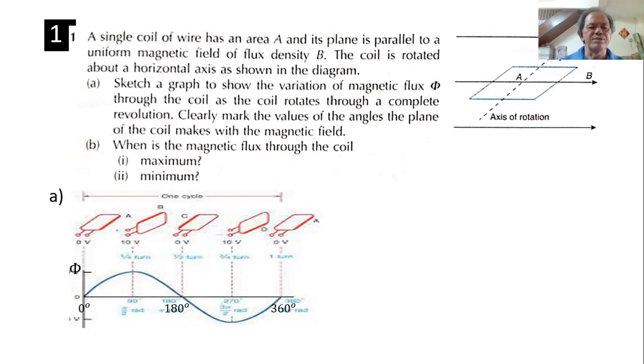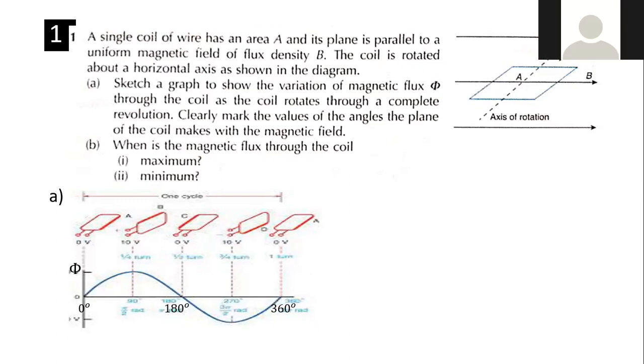What is the magnitude of the flux through the coil? Maximum. What's the maximum flux through the coil? The magnetic flux is maximum when the plane of the coil is perpendicular to B. Value?